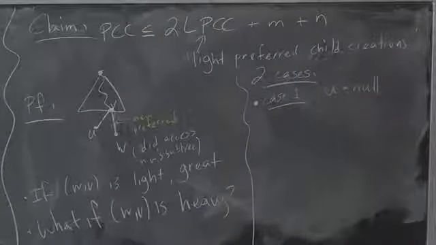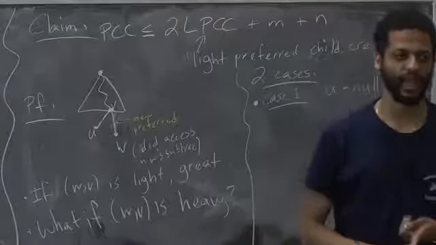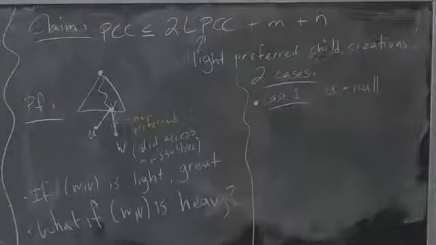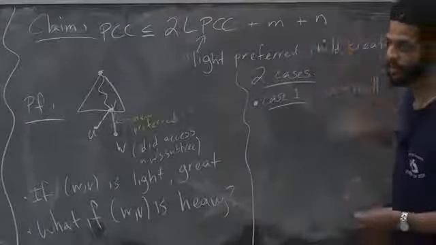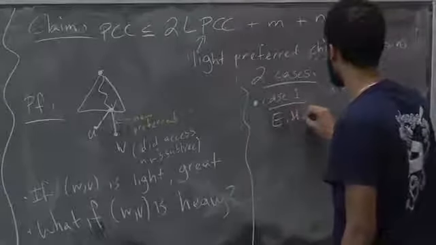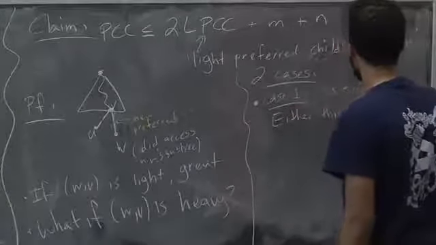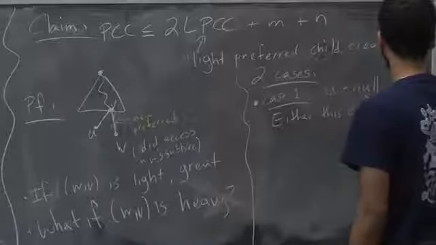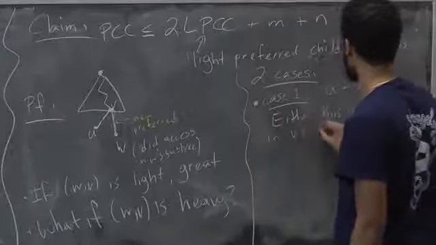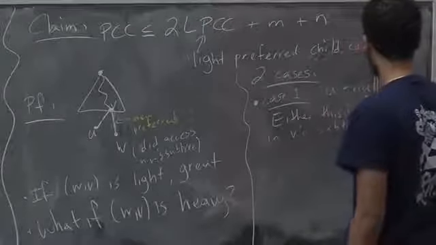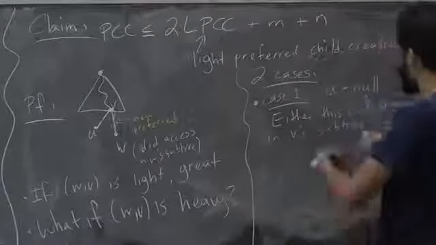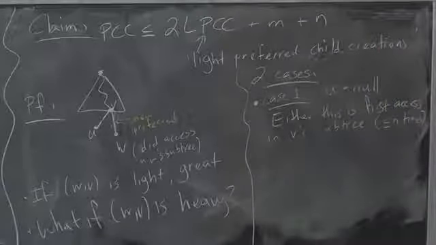But how many times can this happen? How can it be the case that V has no preferred child? Either this is the very first access in V's subtree, which happens at most n times across all V, across all time.